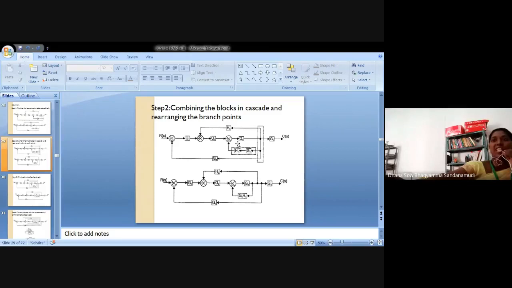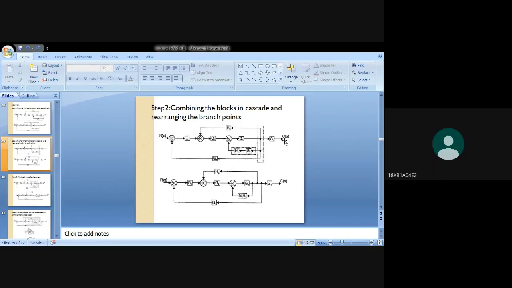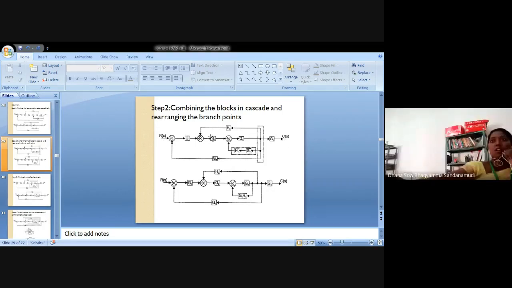Actually, what is the main path? The main path is from R(s) to C(s), isn't it? Yes, ma'am. So R(s) to C(s) is the main path. We must make sure that all the branch points are on the main path. If you observe here, this G4 feedback element, its branch point is somewhere here.